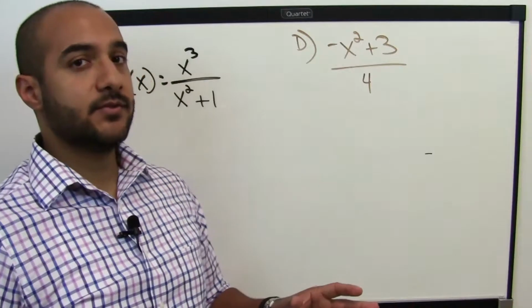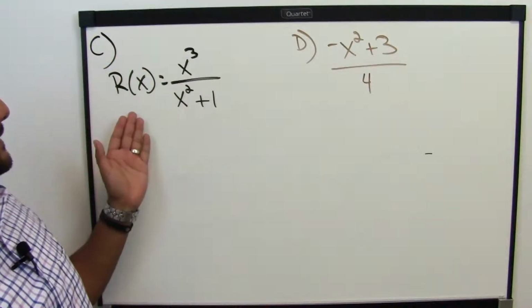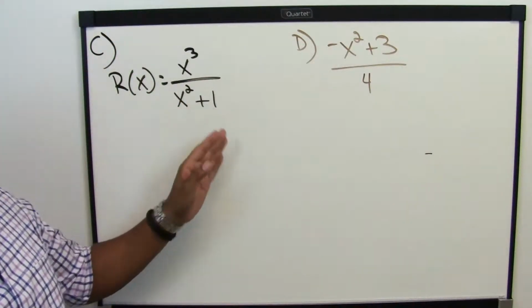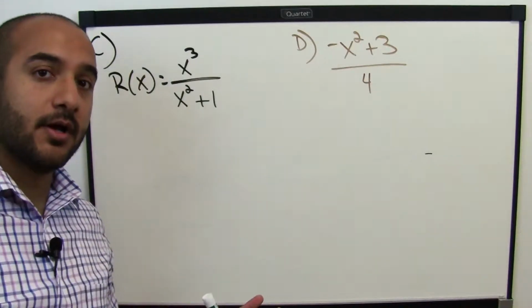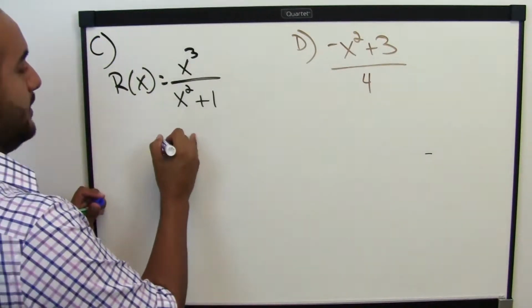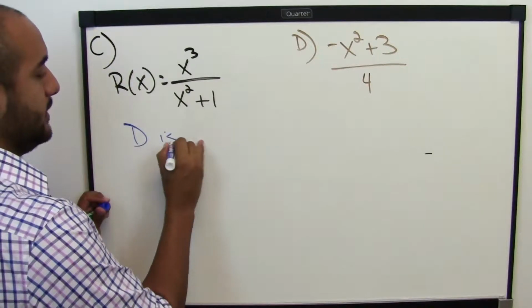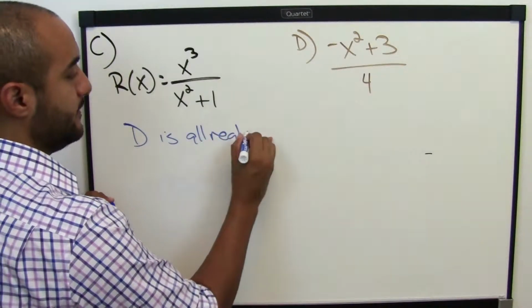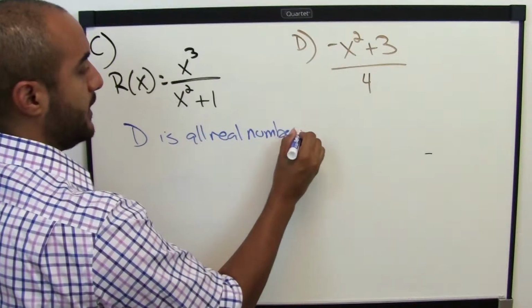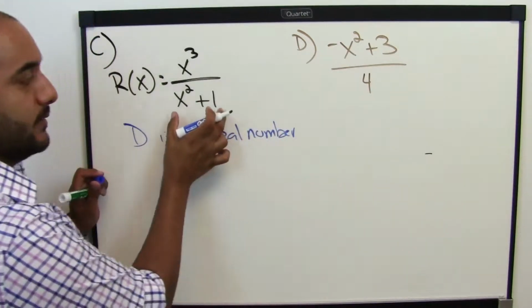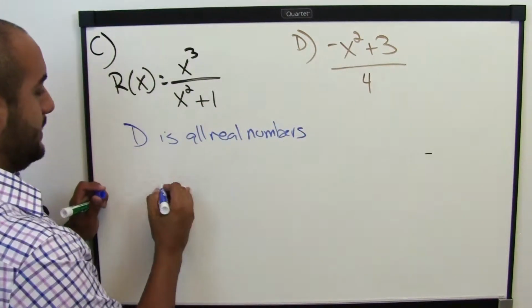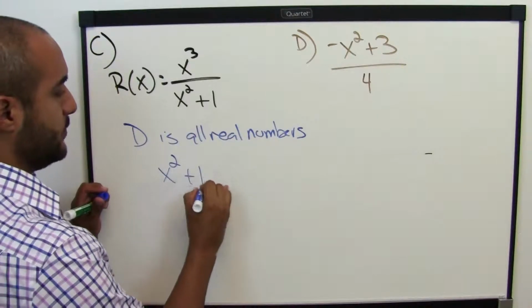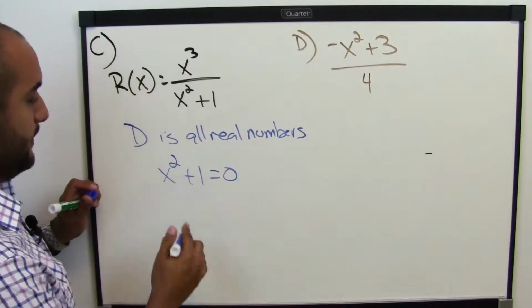Okay, what about these next two? Here in C, I have x to the third over x squared plus 1. I still start off the same way, that my domain is all real numbers, except where? Well, let's see what happens with this denominator. So x squared plus 1, I want to see when it'll be equal to 0.